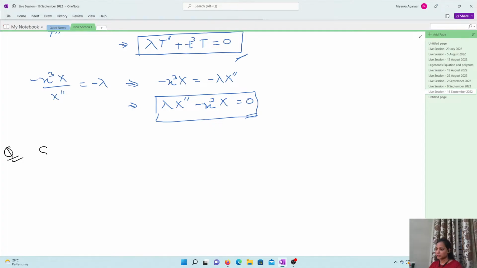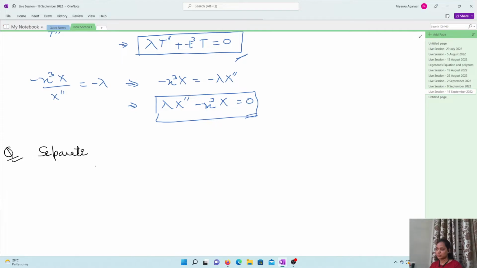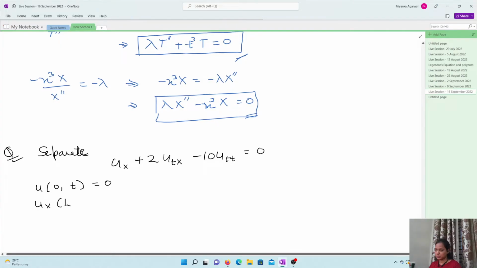Now similarly see a question where we have to separate this second order differential equation into two linear ordinary differential equations: U_xx plus 2 u_tx minus 10 u_tt equals to 0, and we are also given the boundary conditions: u at x equals to 0 and time t is 0, and u of x at L comma t is 0.